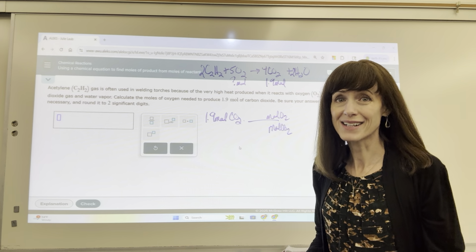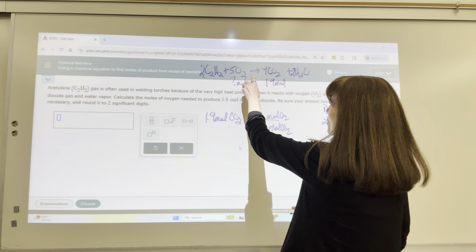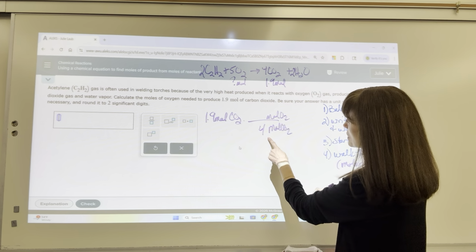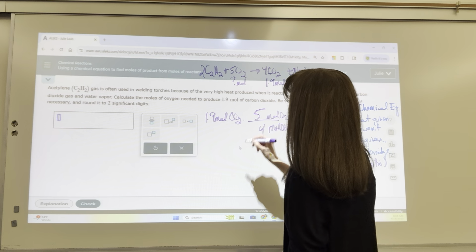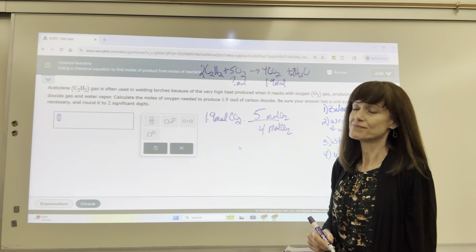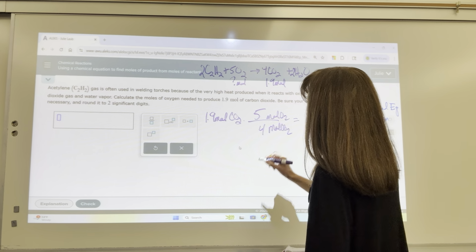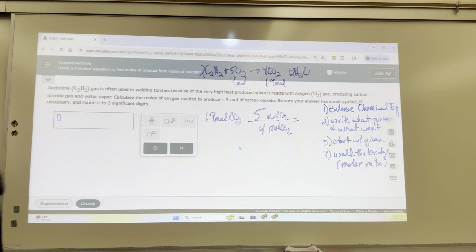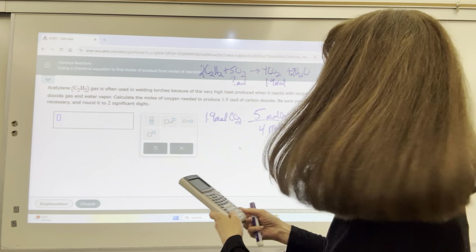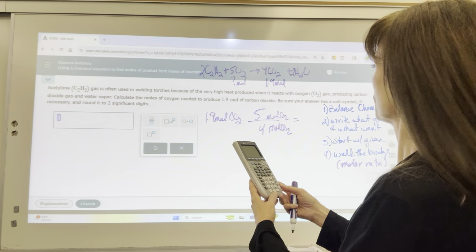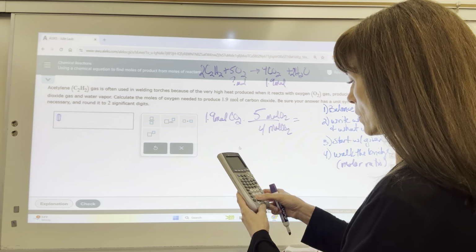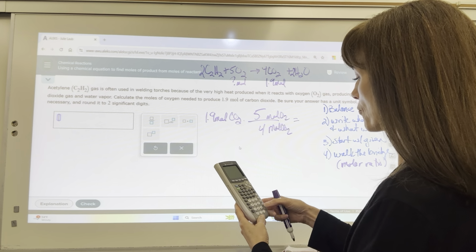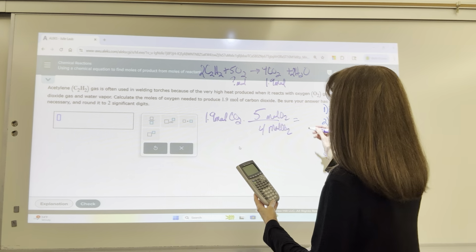Now I just attach the molar coefficients. 4 moles of CO2 came from 5 moles of O2. And now we can multiply this. Let's see what we're going to get. Let me grab my calculator. So we will have 1.9 times 5 divided by 4, 2.375.